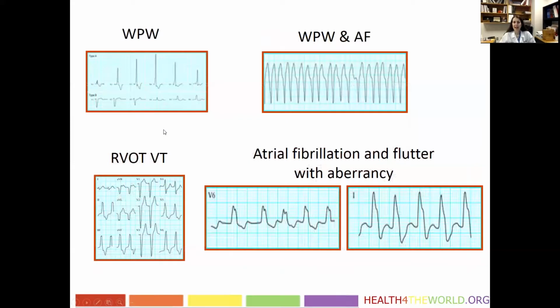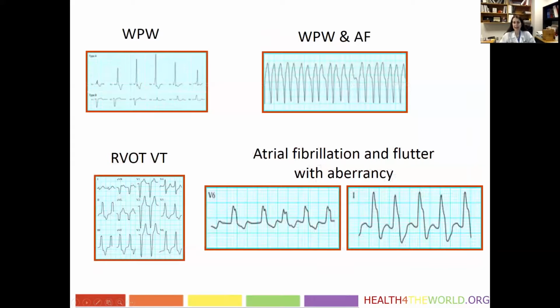We differentiate WPW or supraventricular tachycardia, which is wide complex, from ventricular tachycardias, as I said before, as well as atrial flutter or atrial fibrillation with aberrancy.